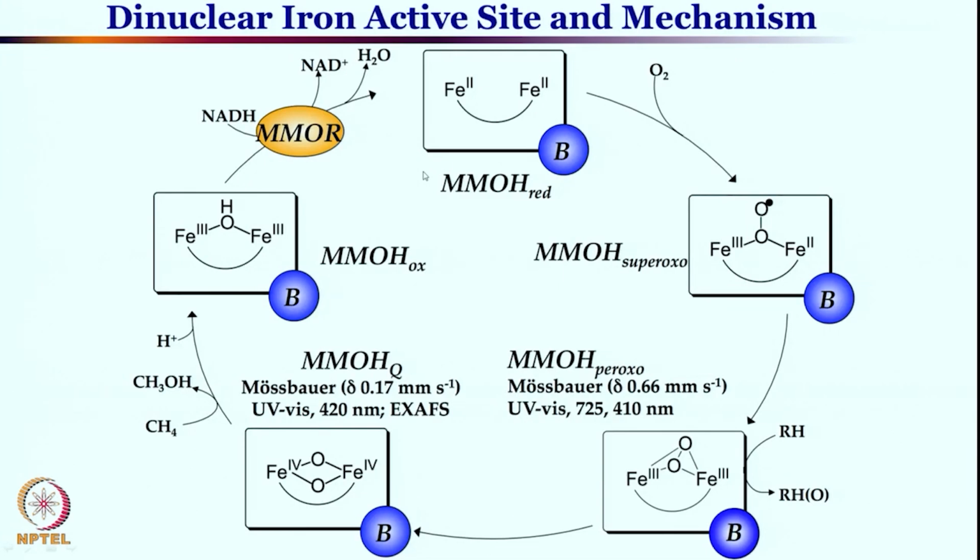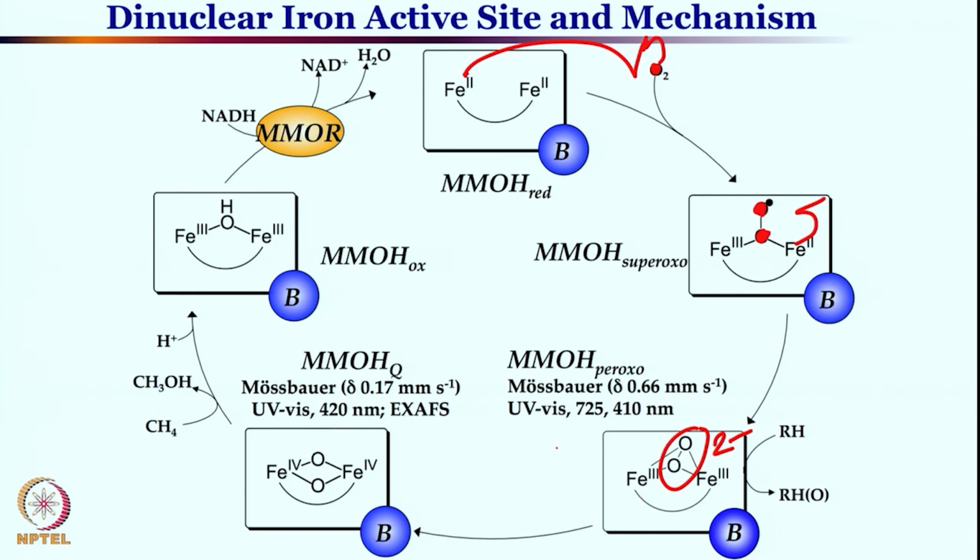Now if you have seen the earlier mechanism, once again the oxygen comes into the picture, and the earlier mechanism suggests that this oxygen will first transfer one electron from here and one electron from there to form the superoxo intermediate. This superoxo intermediate can again transfer one electron to give you the iron 3 peroxo intermediate.